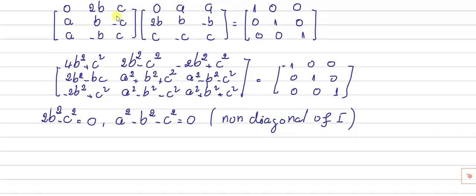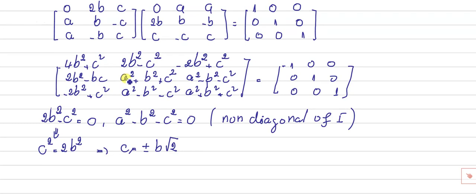This one equal to 0, so you get C squared equal to 2B squared. So you can take C equal to plus and minus the square root of 2 times B.